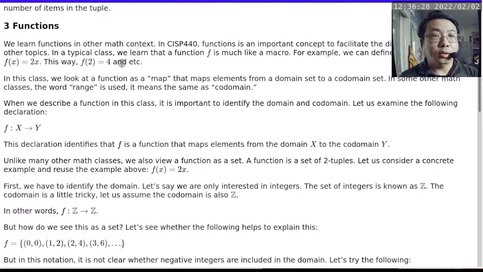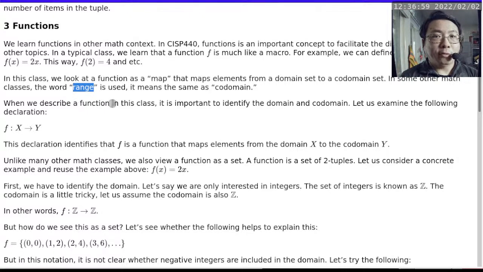This is the normal, usual way for mathematicians to define a function. In this class, we are looking at a function as a map that maps elements from a domain set to a codomain set. In some other math classes, the word range is used instead of codomain, but in this class, I'm just going to use the word codomain to refer to the destination set of where things are mapping to.